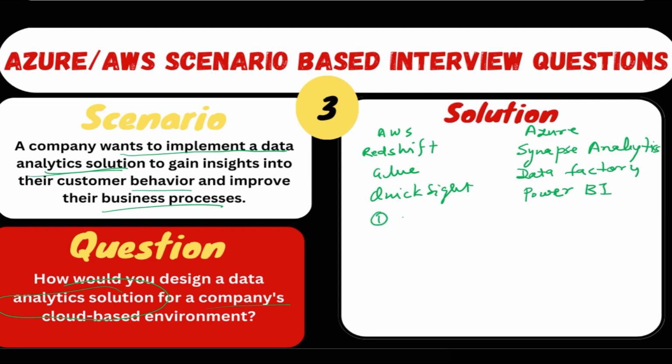So our first step in designing a data analytics solution is to identify the company-specific data requirements and goals: what they want to achieve, and what kind of specific data they want to use for their analytics purpose. Then we will determine the appropriate data storage and processing solution.